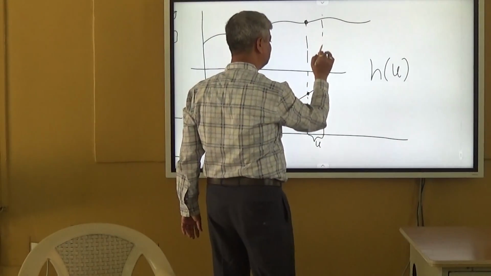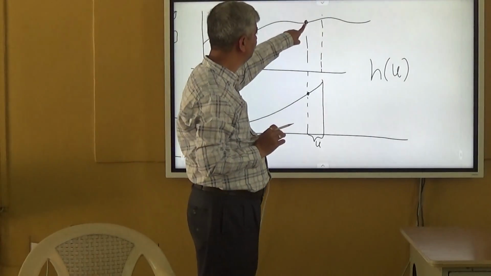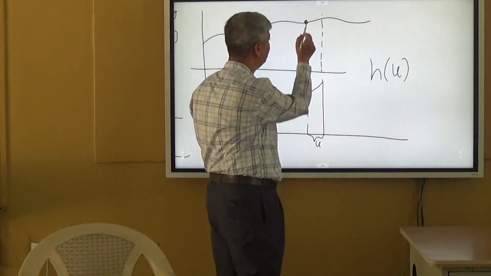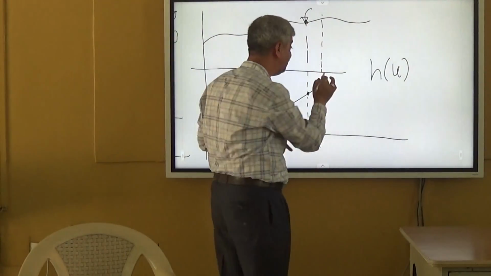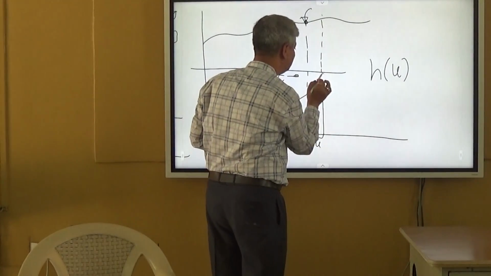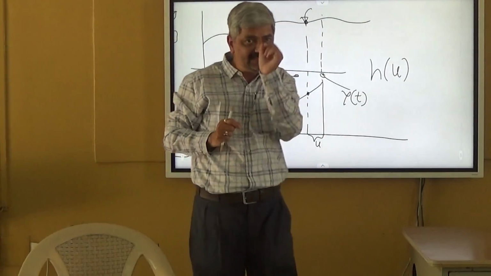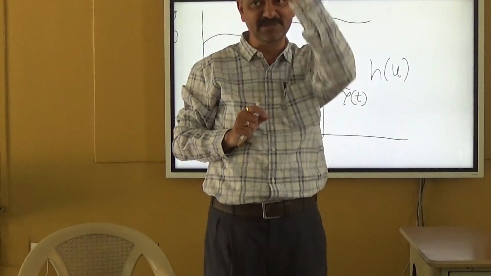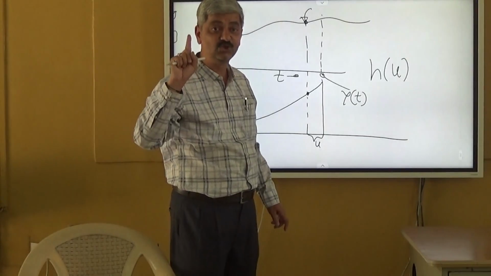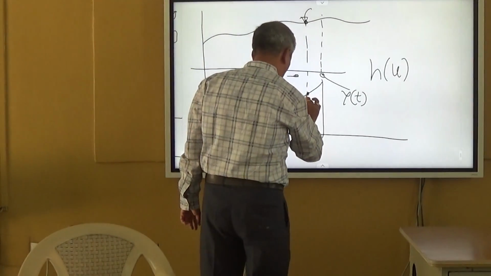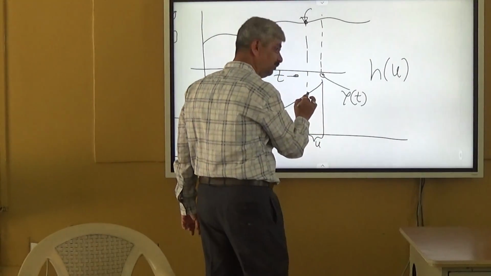I want to compute output at this T. I want to compute YT. So a representative strip of width delta u would be h of u. Its height is h of u.